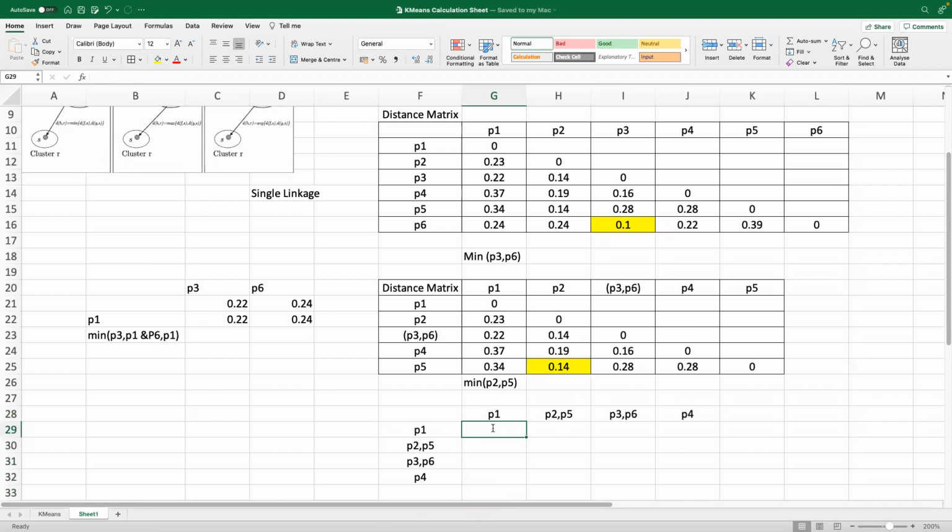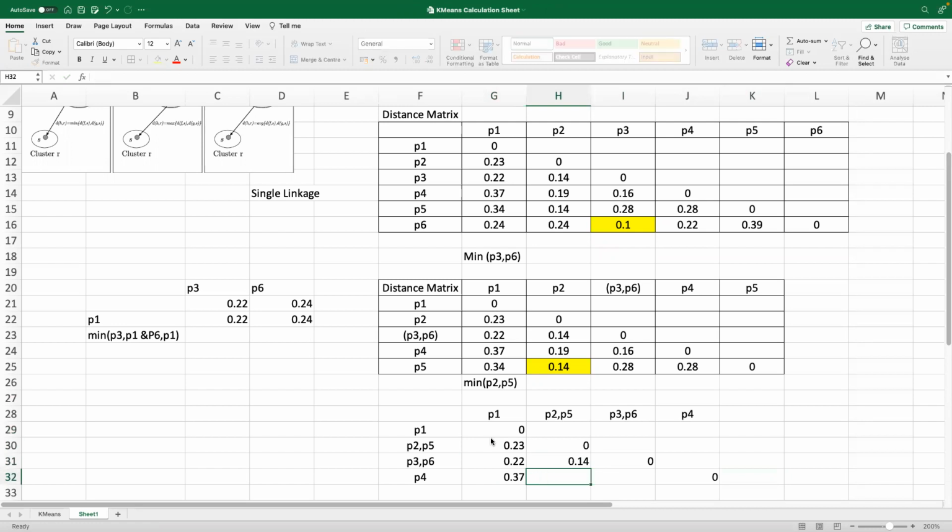These diagonal values will be 0. And then P2, P5 is how much? 0.23. Then P3, P6 is 0.22 and P4 is 0.37. This is 0.14, this is 0.19, this is 0.16. I'll take from these values only.